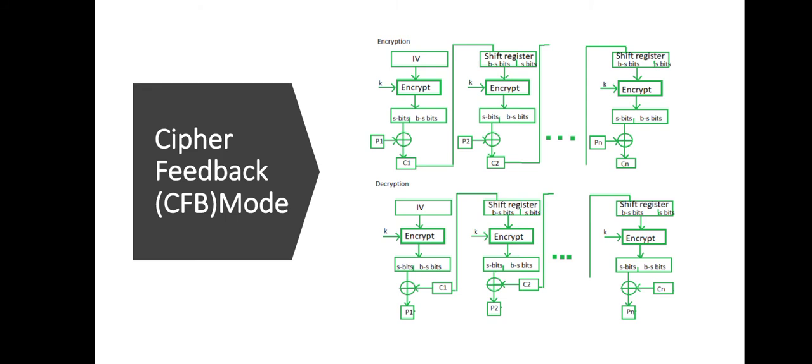The first block of ciphertext will go into the shift register, and for the second block the same thing happens, S bits and B minus S bits, we take B minus S bits and we perform encryption with the key, then we get S bits and B minus S bits, we perform XOR with the ciphertext of the second block and we get plain text. Here one thing to notice is that we are performing the encryption process in encryption as well as decryption, so we are performing the same thing.